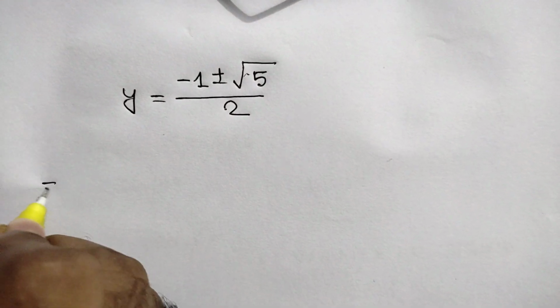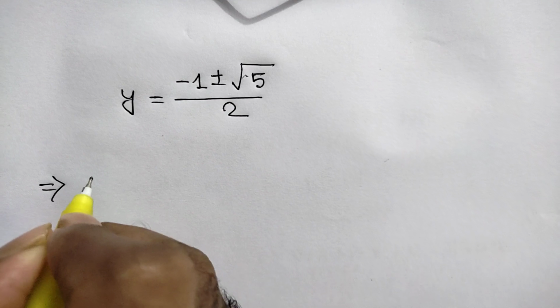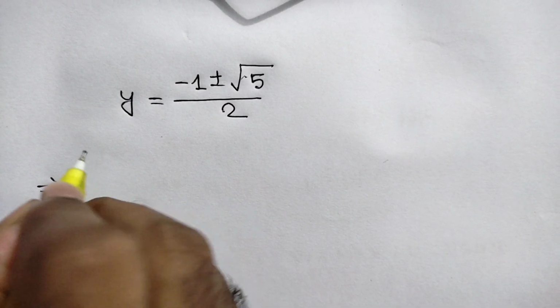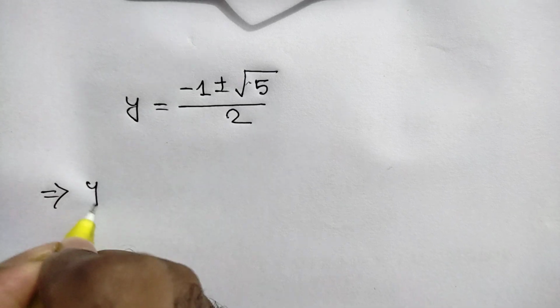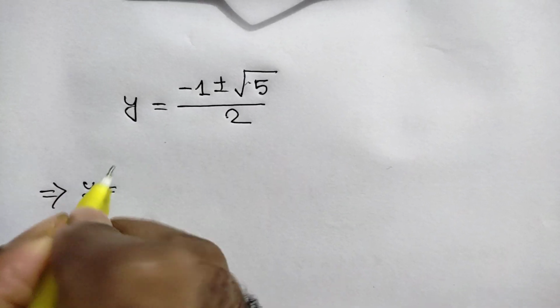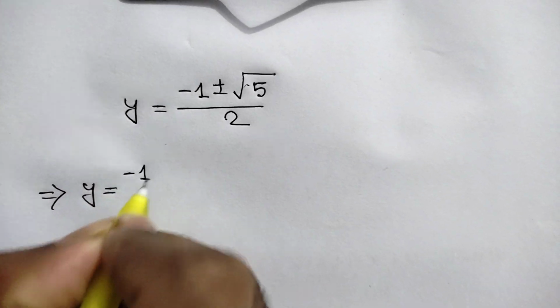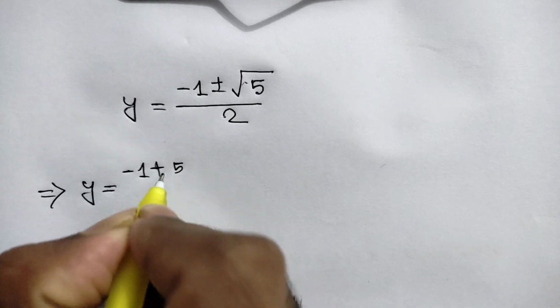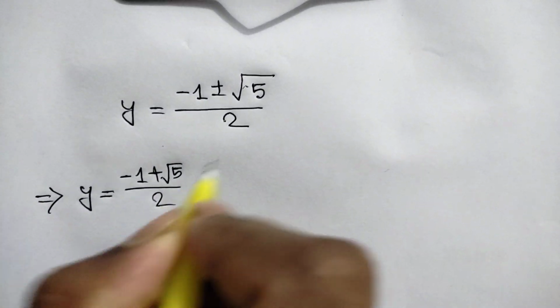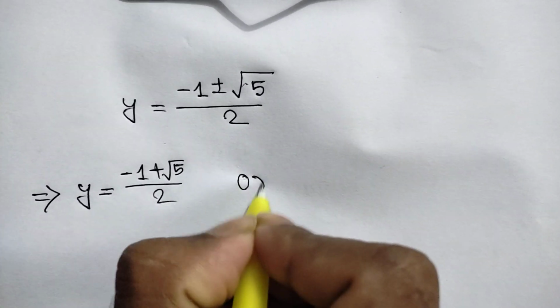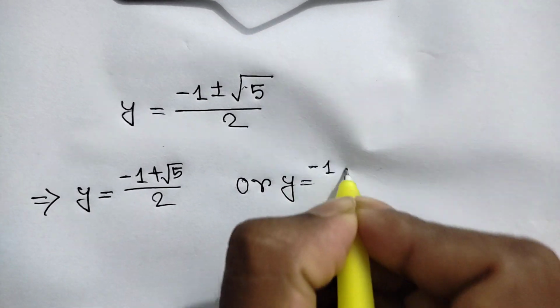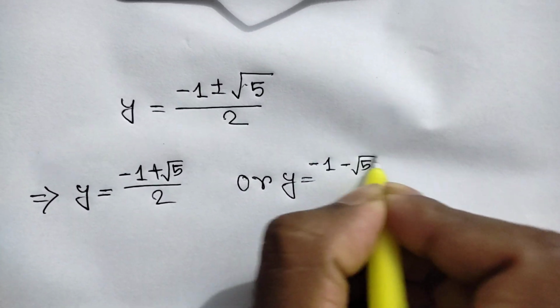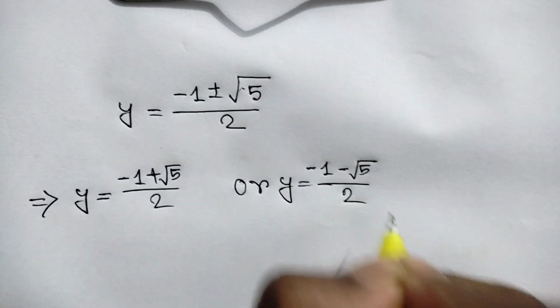Here we can see two cases, so we can write y is equal to minus 1 plus square root of 5 over 2, or y is equal to minus 1 minus square root of 5 over 2.